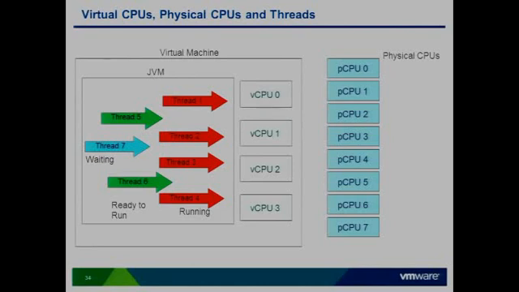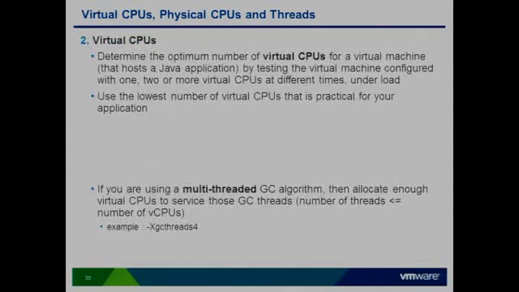And the right number of virtual CPUs, with one exception, just as the memory balloon driver is an exception, is the smallest number you can find that will give you SLAs that are correct for your application.